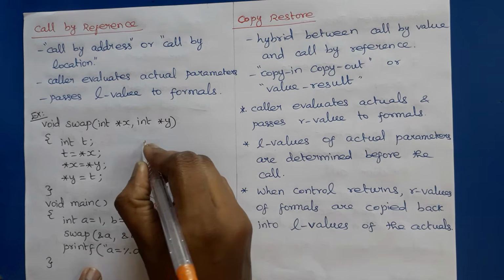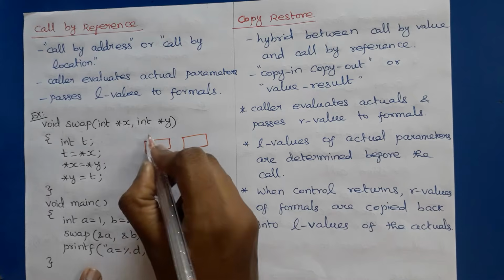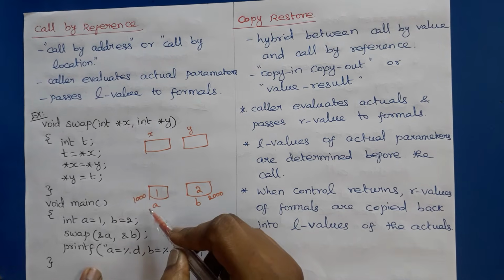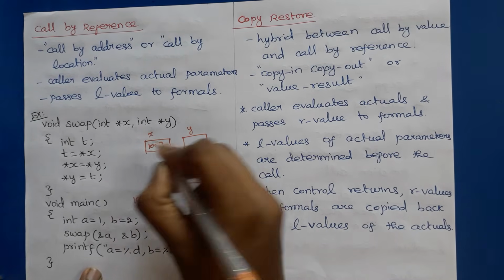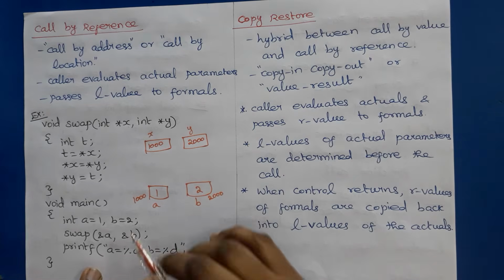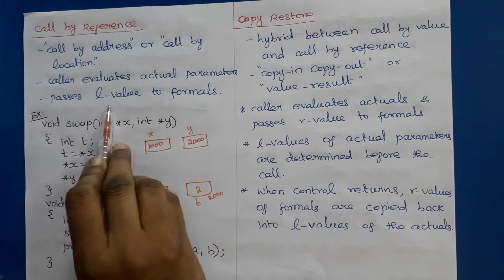Here x and y are pointer variables. They are declared as star x and star y, so they will hold the address of another integer variable. So 1000 is copied to x and 2000 is copied to y. In the call by value method, we passed the values, but here locations, L values, are passed.